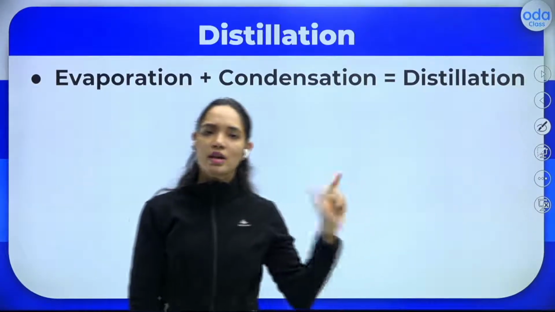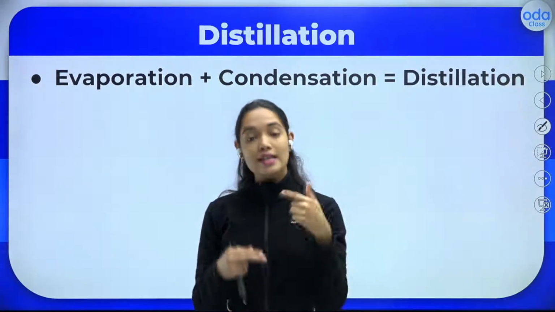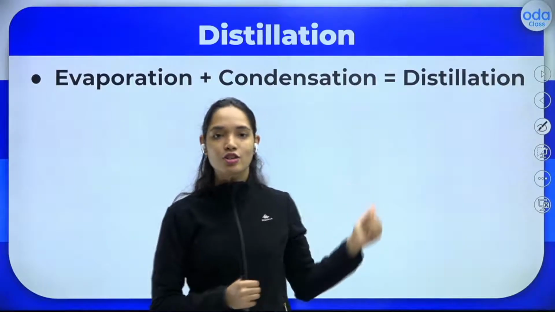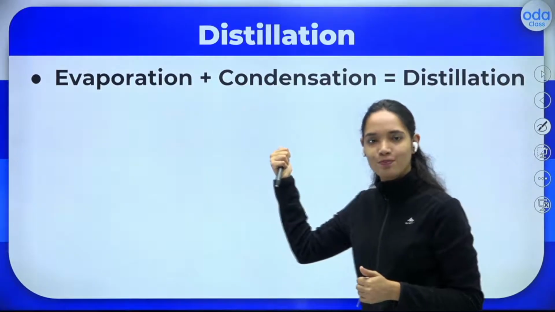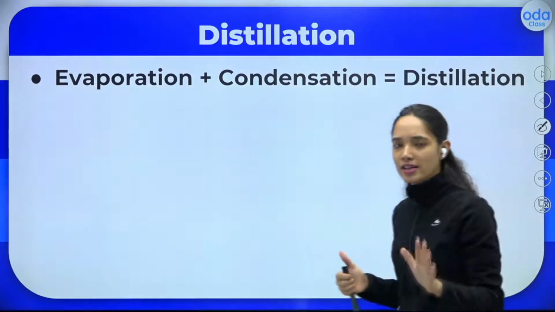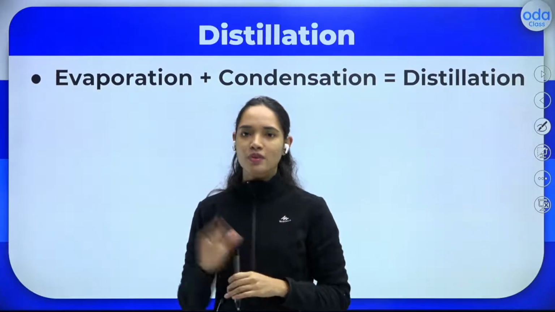If you remember this, you can easily define distillation, as well as easily describe its process. What is distillation? Evaporation plus condensation is distillation. Clear, students? Very easy. There is no point of getting confused here.